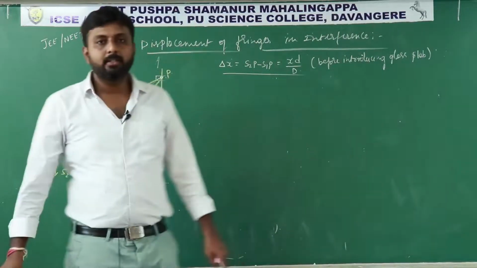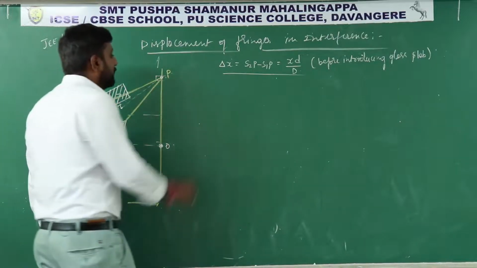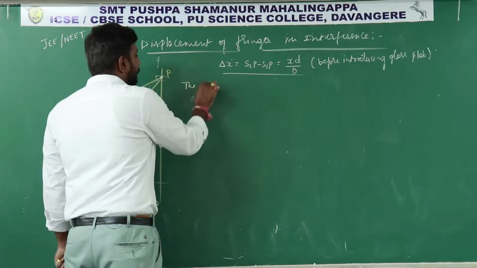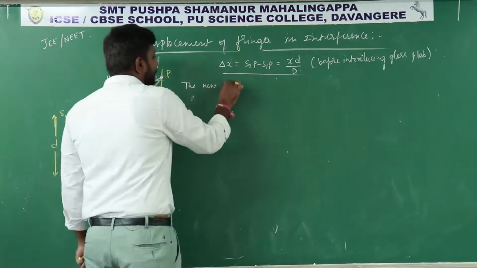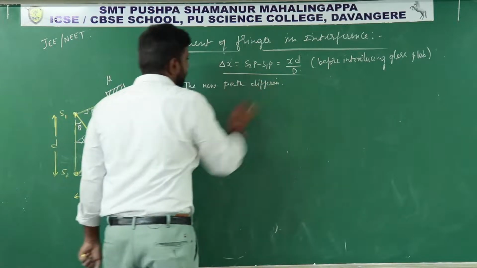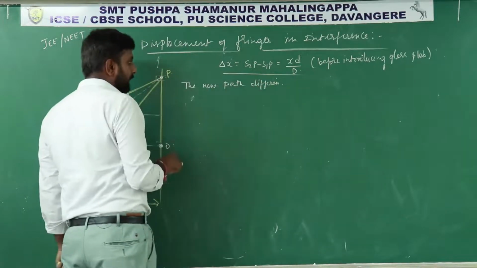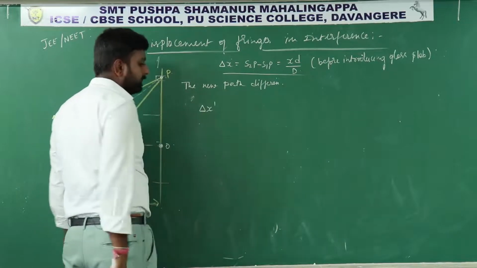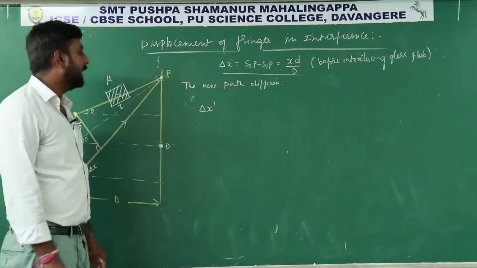Then after introducing the glass slab, the new path difference I will write here. The old path difference is delta x when there is no glass slab; the new path difference I will consider delta x dash.